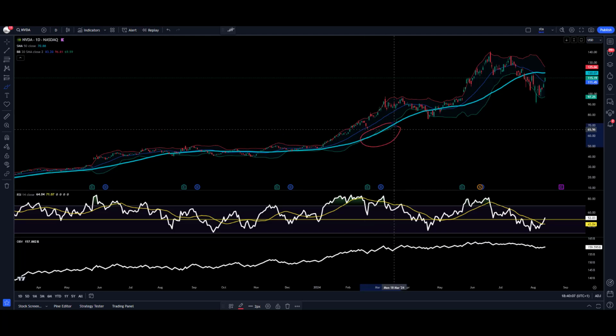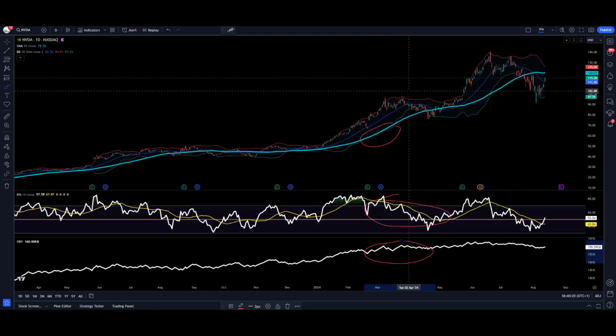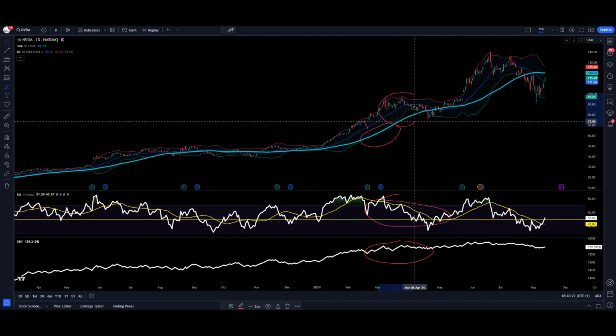Now I've also added a momentum indicator below, the RSI down there. I've got a volume indicator here, the OBV, the on balance volume, and I've also added a volatility indicator, which you can just see there as well. That's the Bollinger Bands.